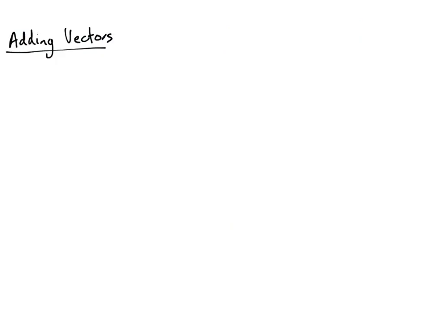So we can add vectors in a couple different ways. We can do this geometrically. So suppose I had this vector, let's call it V, and when we write a vector, we can put a little arrow above it.